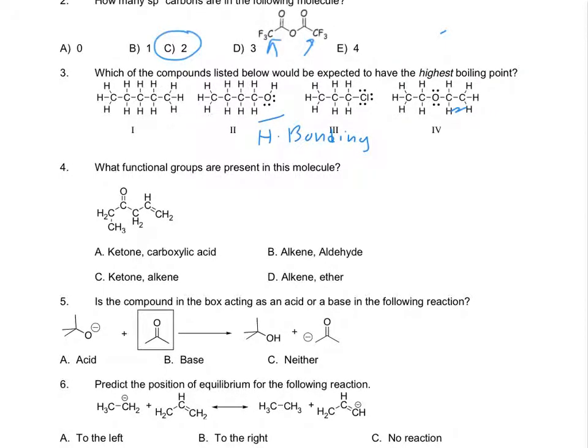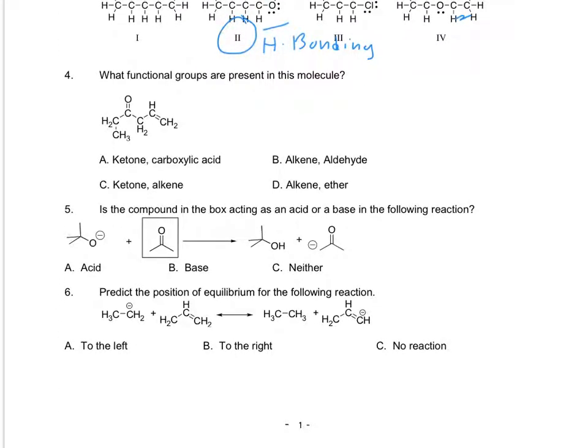There's nothing for number 1. There's only London forces. For number 3, there is a chlorine that could lead to dipole forces. And for number 4, there is an ether, which could lead to slight dipole forces, but nothing has anything close to hydrogen bonding. So we would choose molecule 2. It has hydrogen bonding.